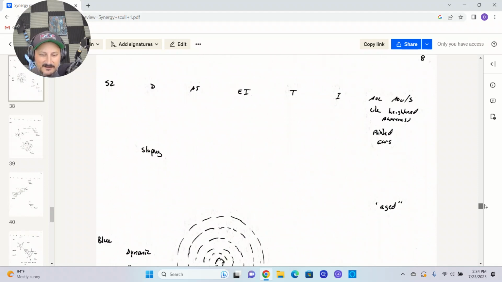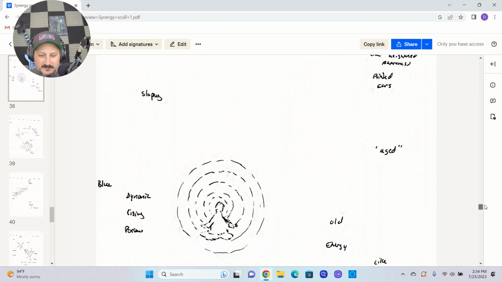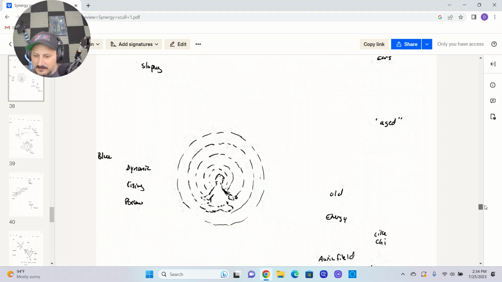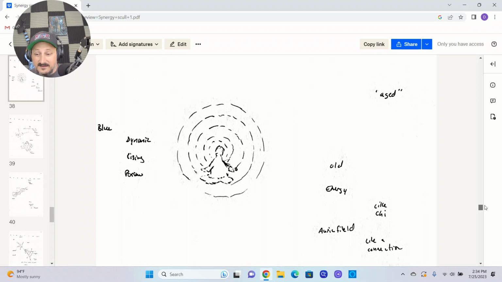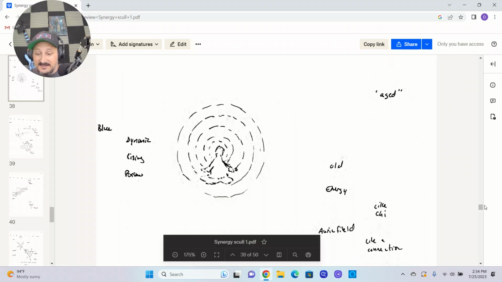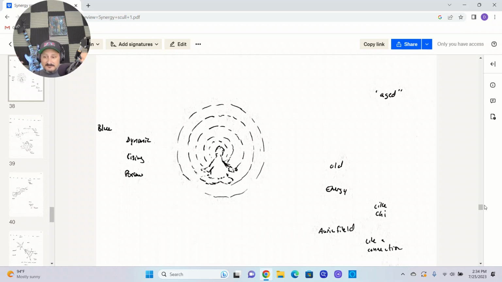AOL signal, like heightened awareness. Again, this guy in this lotus position, and I'm getting this feeling of like telepathy or astral projection or something like that. Old energy, like chi. I got a sense of an auric field, like a connection.